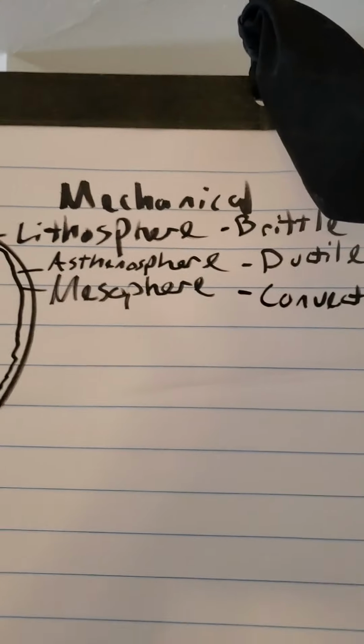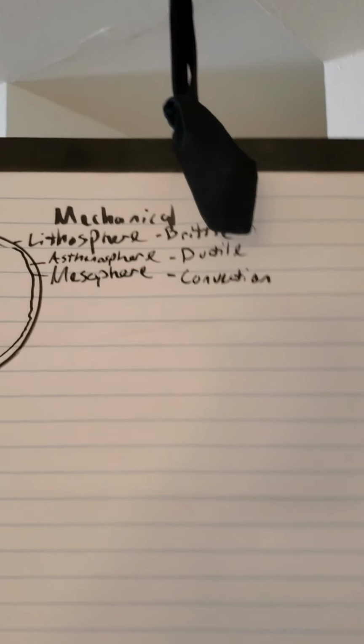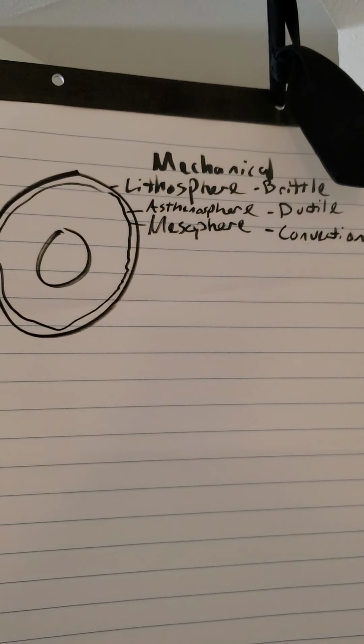Okay. Now, each one of those is really important to understanding how the plates actually move. So, in lesson 6.2, it starts with talking about a fault, the San Andreas Fault.